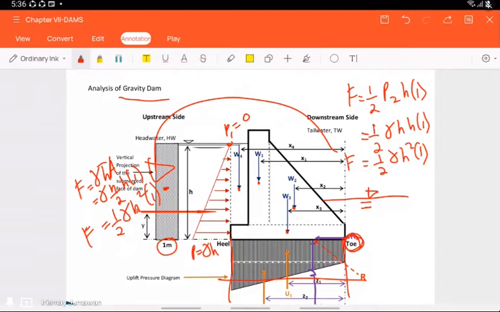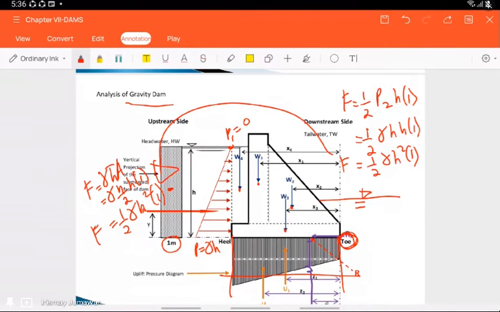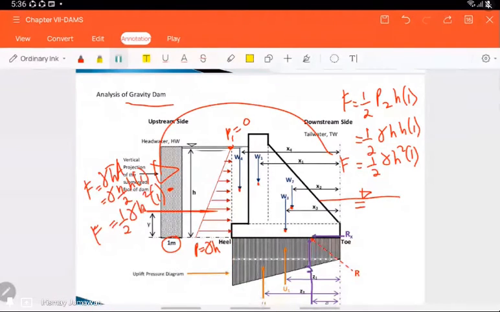Okay, so this one. This is the seepage. So that is the uplift pressure. The uplift pressure is the pressure due to the seepage of the water.